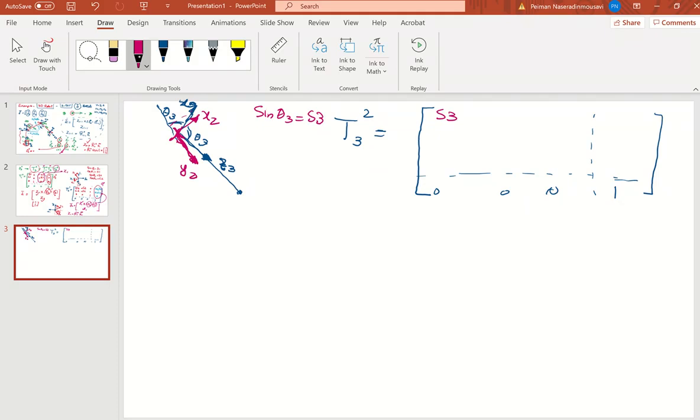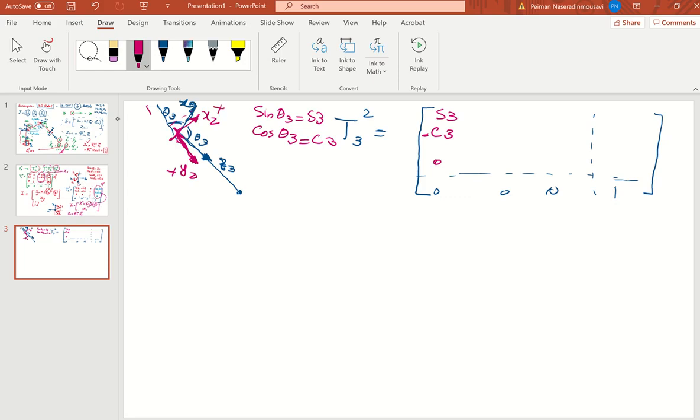So with respect to y2 is obviously cosine 3, because cosine of theta 3 is cosine 3, with respect to y2. And because they're normal, so this is going to be 0. But this cosine 3 here is positive y2, here is negative y2, so you have to put a negative cosine 3. It is positive, that's right, x.